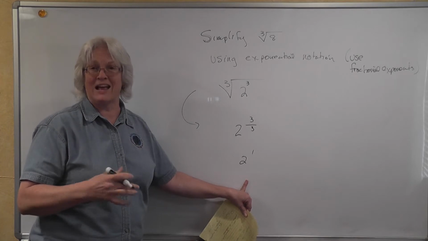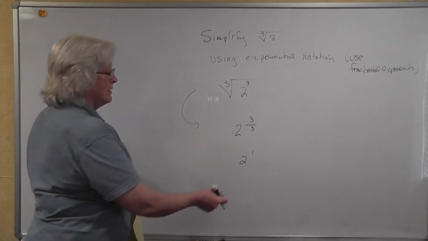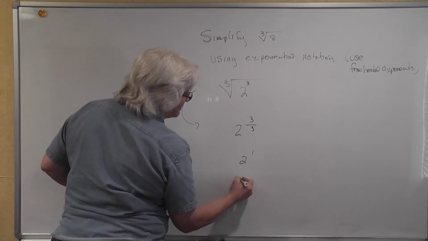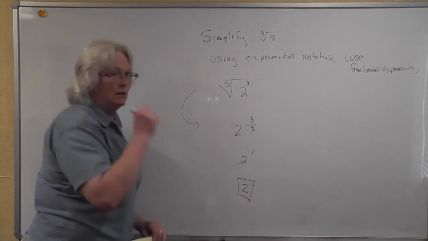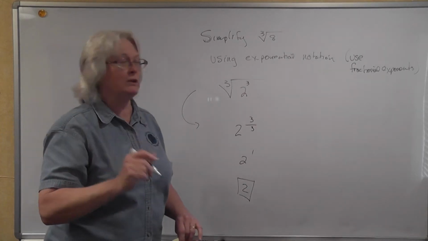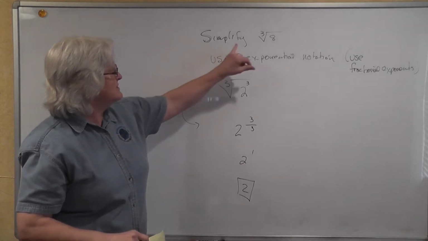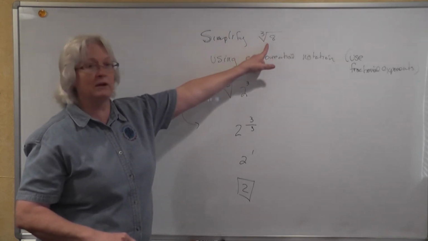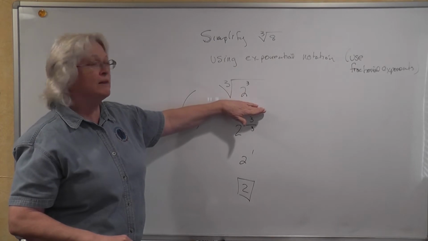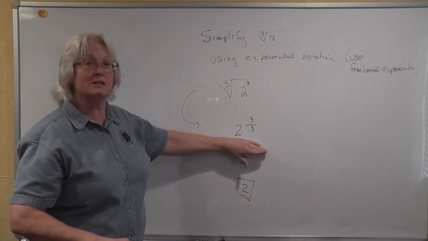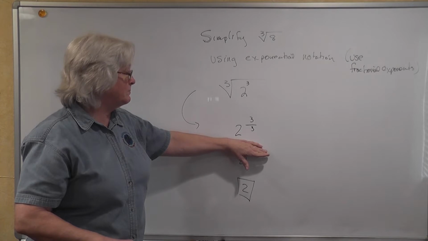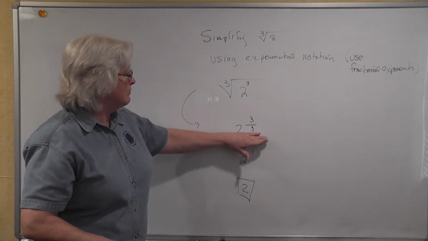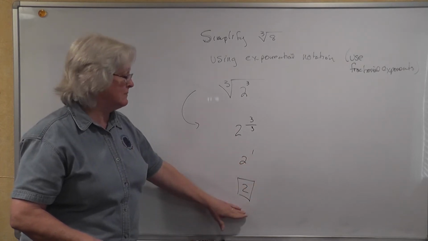What is 2 to the first? Anything to the first power, we understand that 2 is used as a factor one time, and we don't need to show that. So here we have simplified the cube root of 8 using exponential notation by going from the cube root of 8, writing that as 2 cubed, translating that into fractional exponent notation, recognizing that 2 to the first is the same as 2.